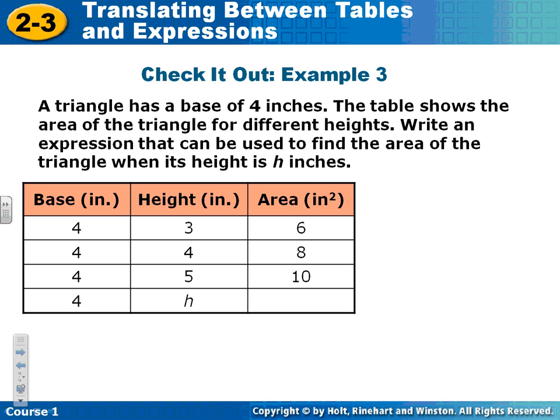Triangle has a base of 4 inches. The table shows the area of the triangle for different heights. Write an expression that could be used to find the area of the triangle when the height is h inches. Come on, everyone should have their hand up. It's the same problem, isn't it? Everybody put your hand up so you feel good about knowing this answer.